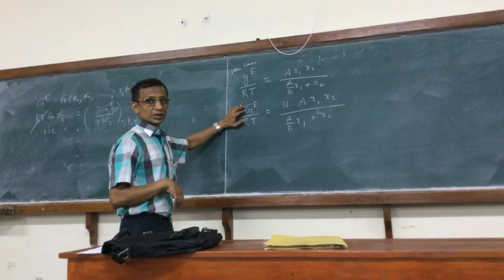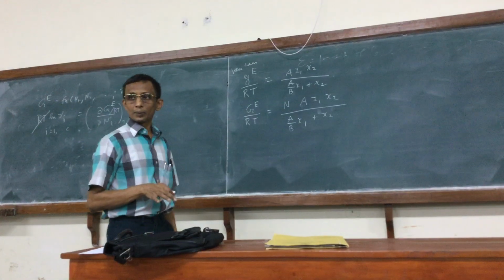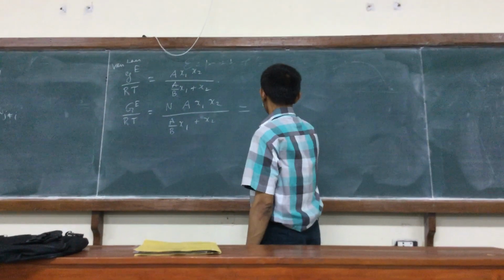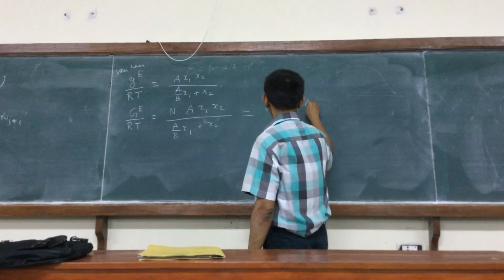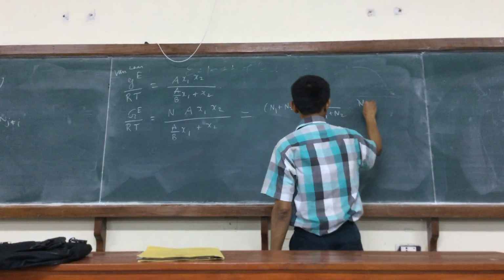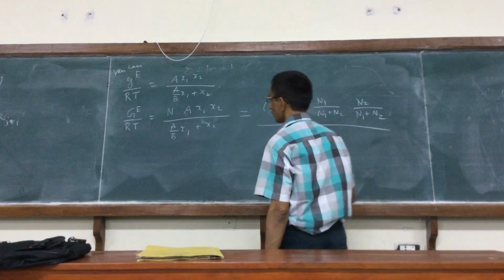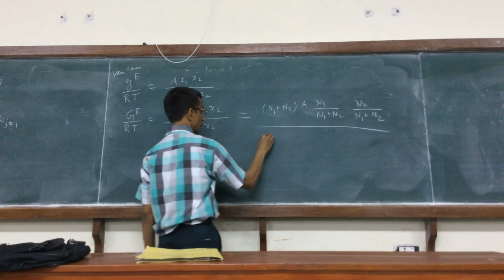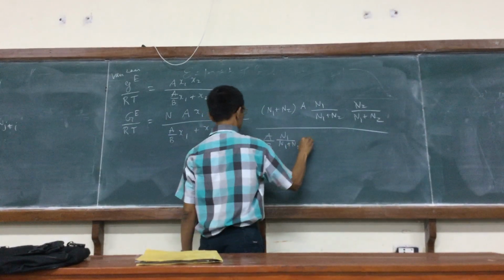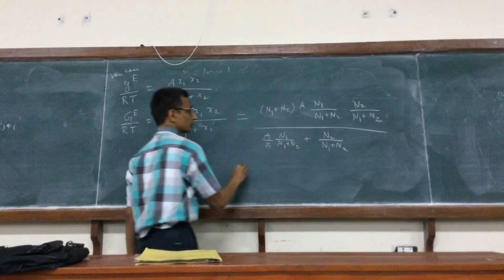So looking at the model, G^E is effectively proportional to RT, and pressure dependence we completely neglect. So this is (N1 plus N2) times A N1 N2 by (N1 plus N2)^2, and then I have A by B N1 plus N2 over N1 plus N2.